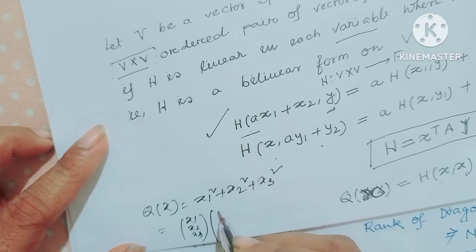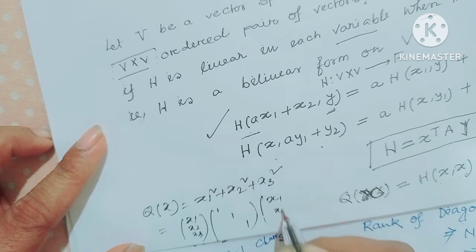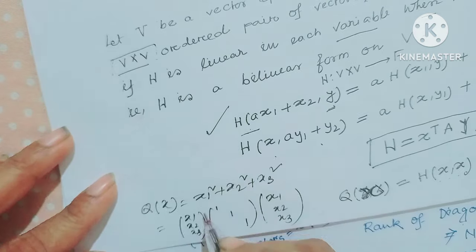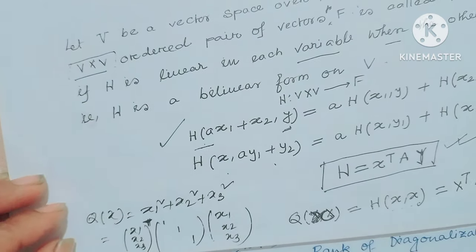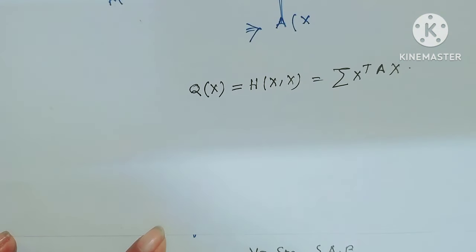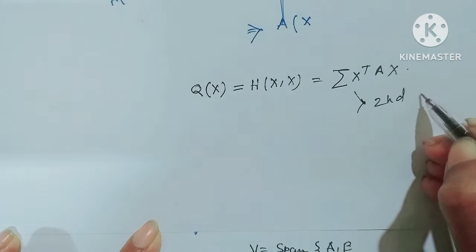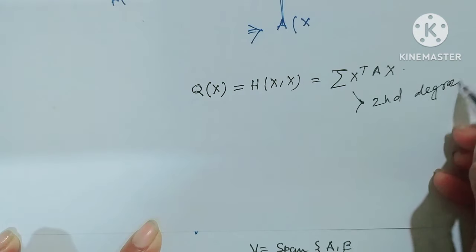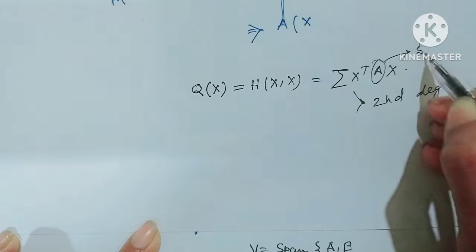Quadratic form is always x transpose Ax. That means the quadratic form is a special type of bilinear form, a second degree polynomial, where obviously A is symmetric.